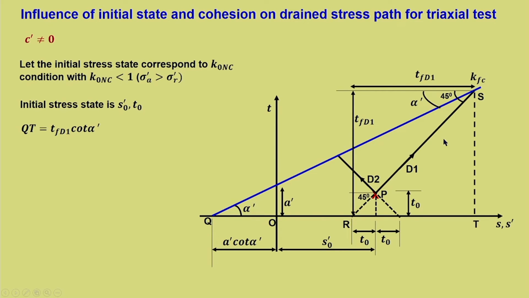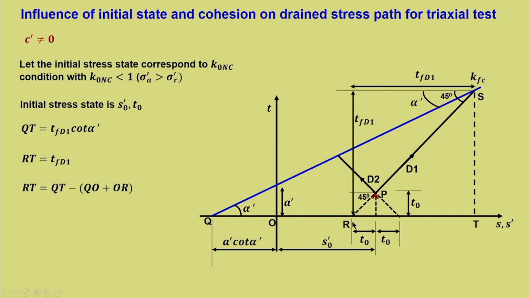So, QT will be equal to TFD1 divided by tan alpha dash, that is QT equals TFD1 cot alpha dash. What we are trying to do is get an expression for TFD1. Now, what is RT? RT is equal to TFD1, that is already clearly marked on the figure.